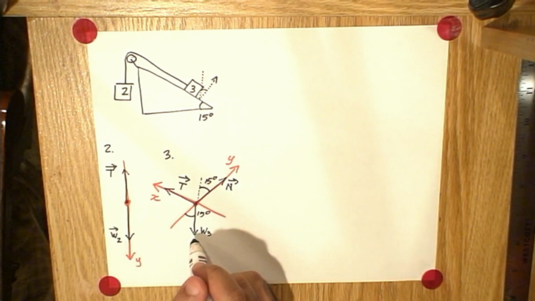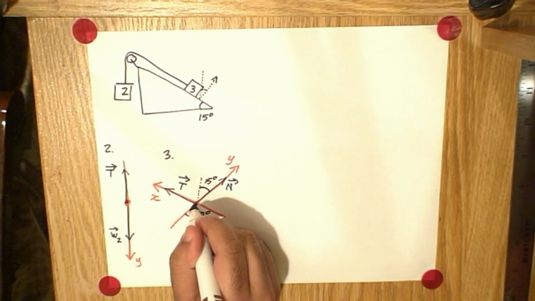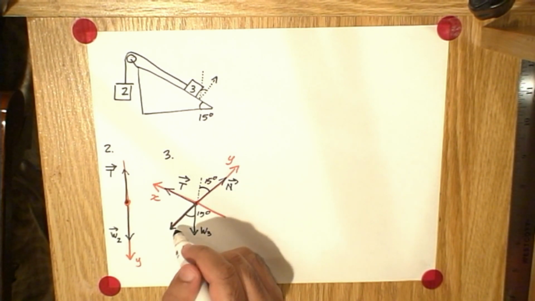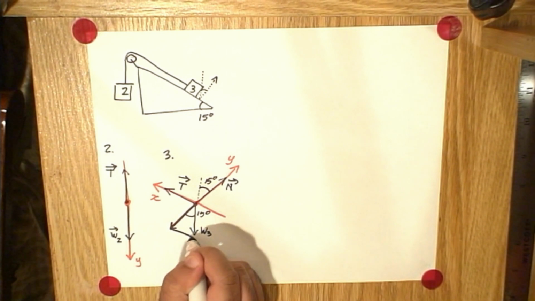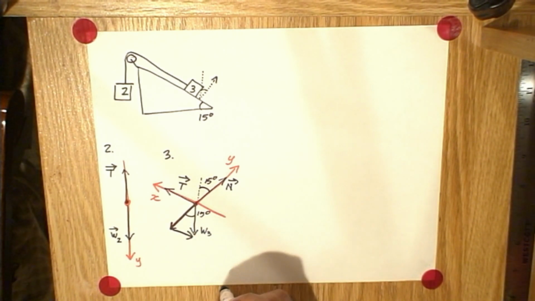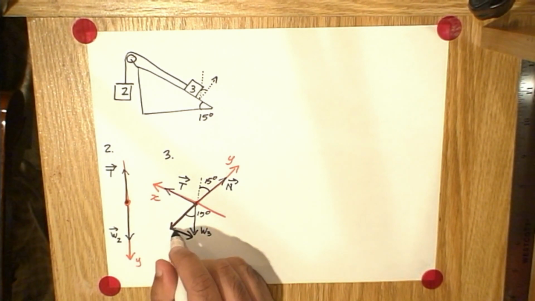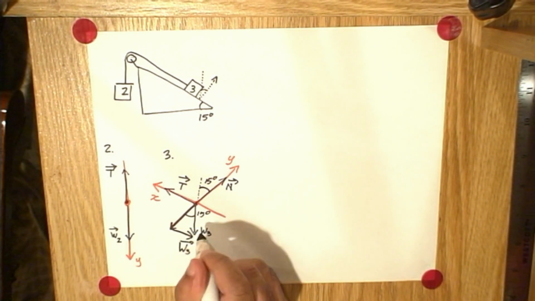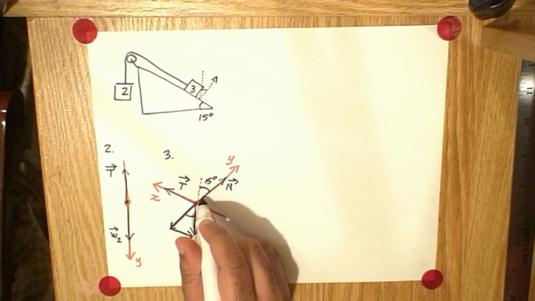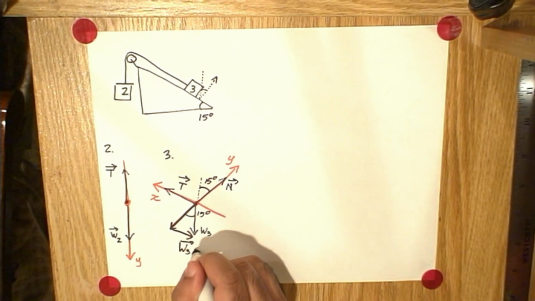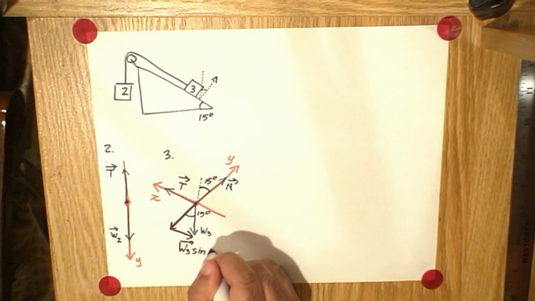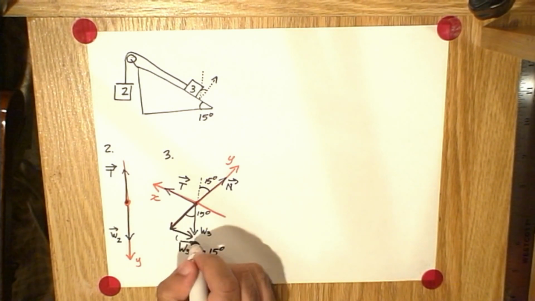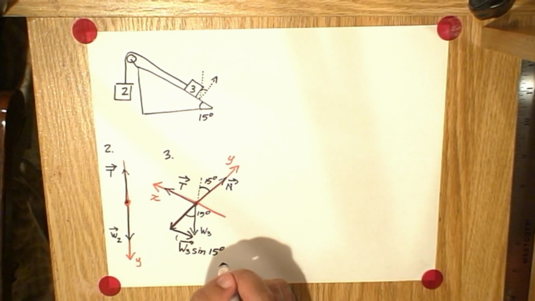Now, let us break this weight into its components. There is one component which is going to point in the y direction, and there's one component which points in the x direction. In the x direction, the component is opposite this 15 degree angle. The opposite side is always associated with the sine. So the size of this x component is weight sine 15 degrees.